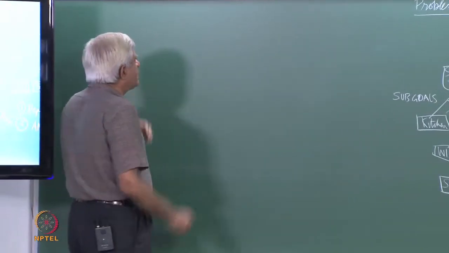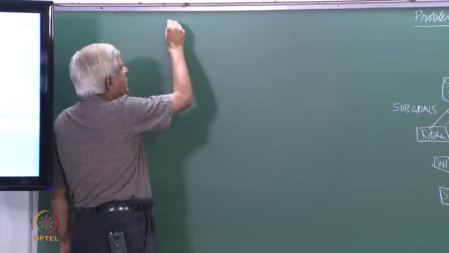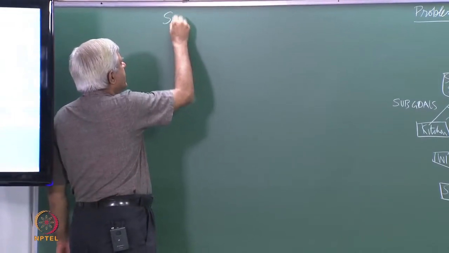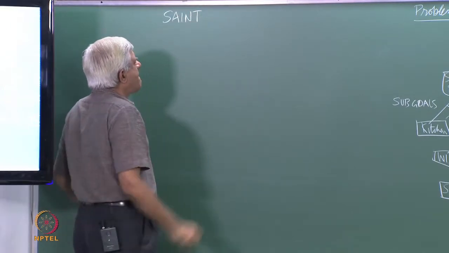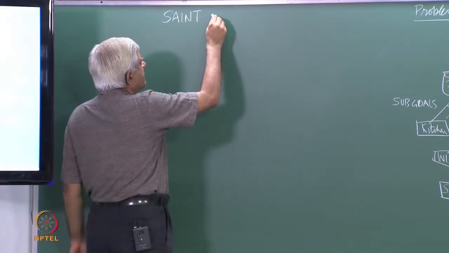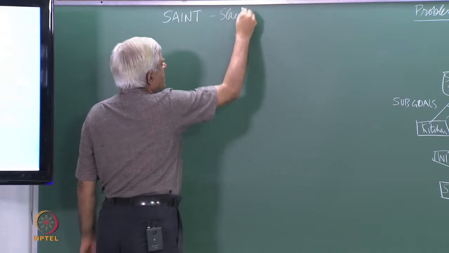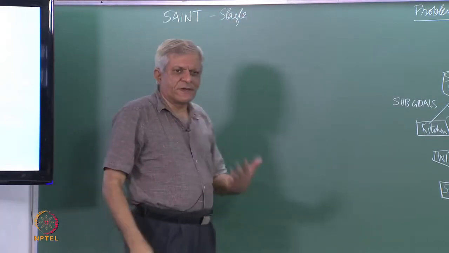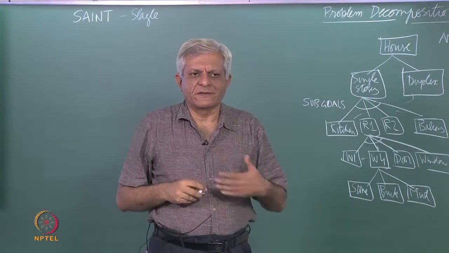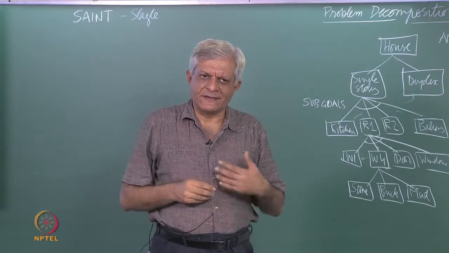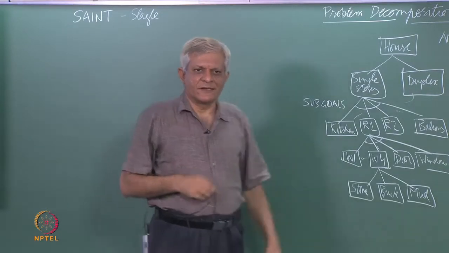Okay. So, one of the first programs to look at AND OR trees was a program called Saint, which was implemented by a guy called Slagle in 1961. So, when we were looking at the introductory lectures and we were saying what are the achievements that AI has made over the years, then we had mentioned symbolic integration at that time.